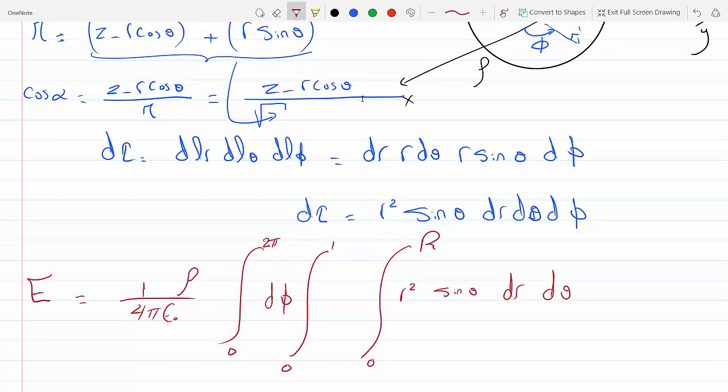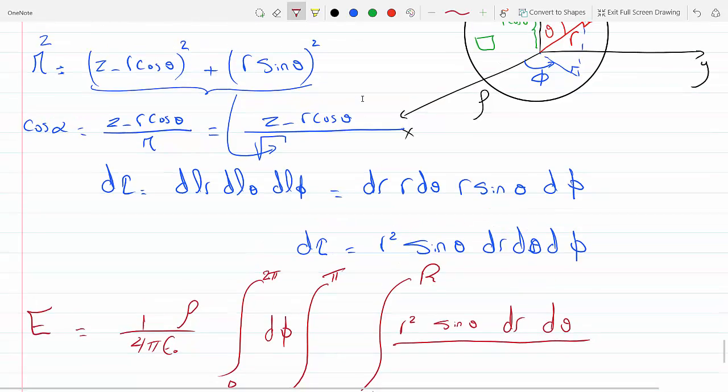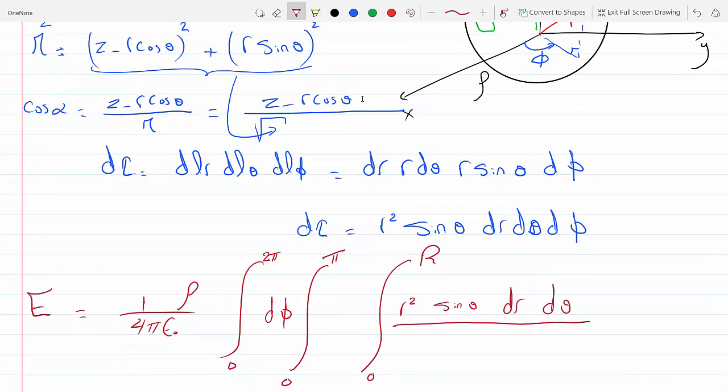Theta is going from 0 to pi, and then this is divided by the separation vector squared, which is z minus r cosine theta squared plus r sine theta squared.